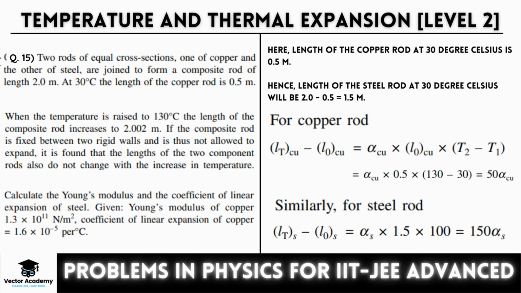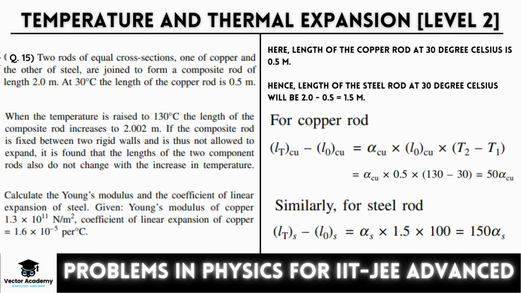Here, length of the copper rod at 30 degrees Celsius is 0.5 meters. Hence, length of the steel rod at 30 degrees Celsius will be 2.0 minus 0.5 equals 1.5 meters.